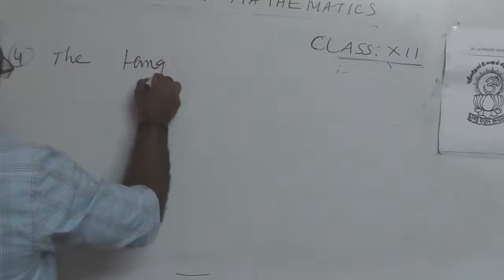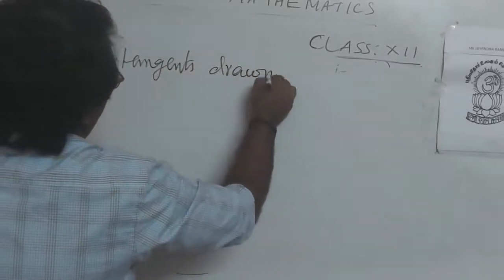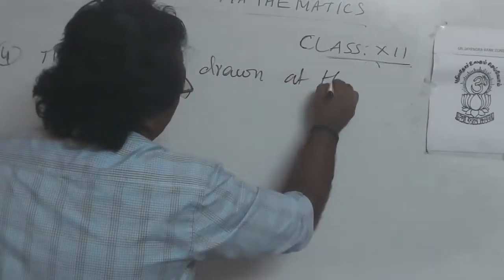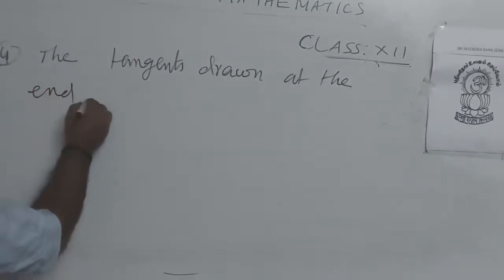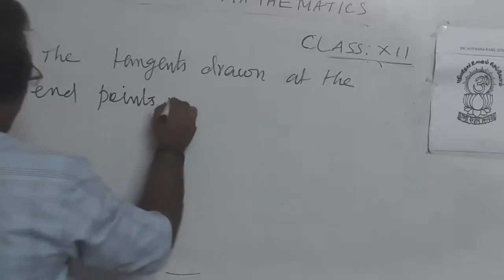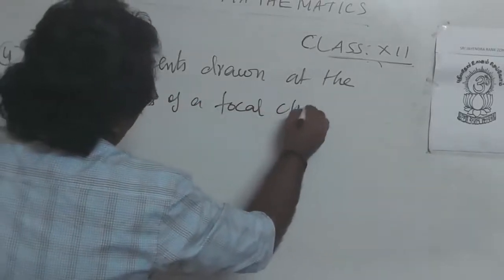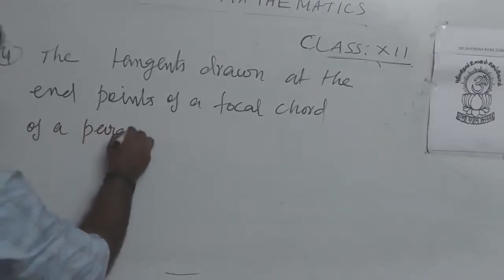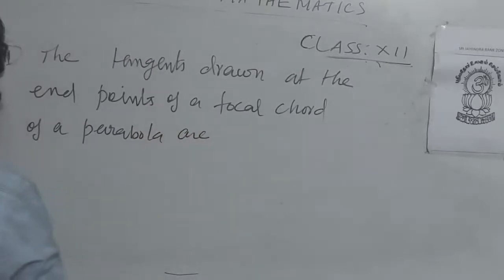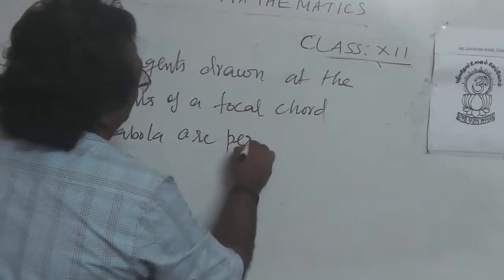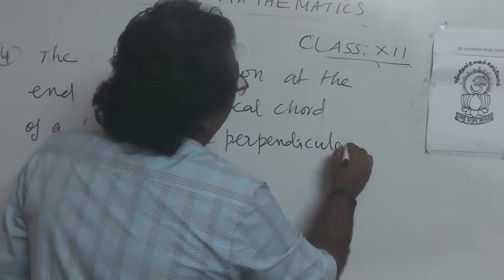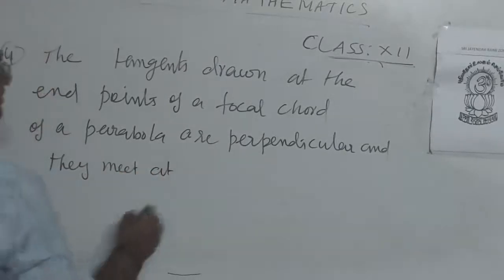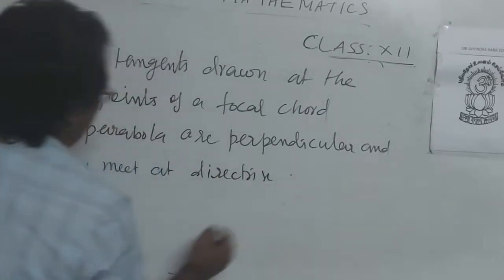The tangents drawn at the end points of a focal chord of a parabola are perpendicular and they meet at the directrix.